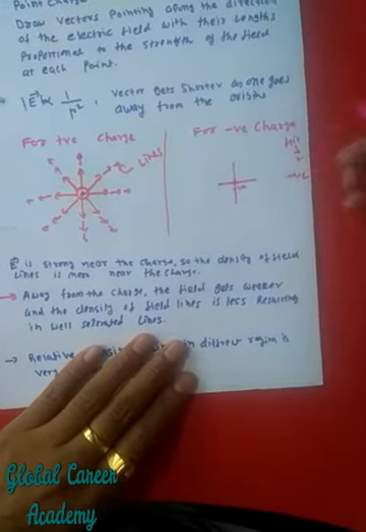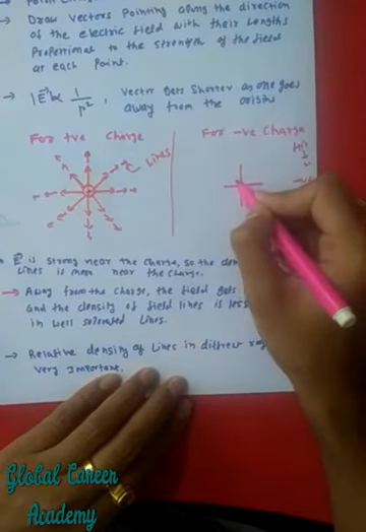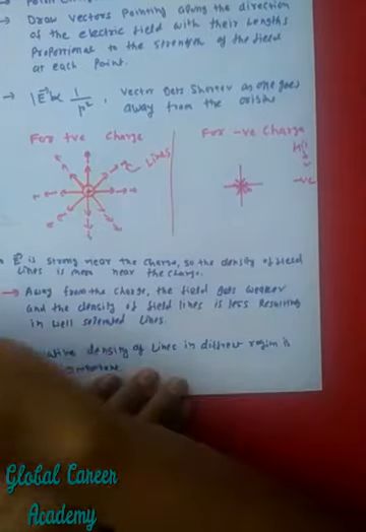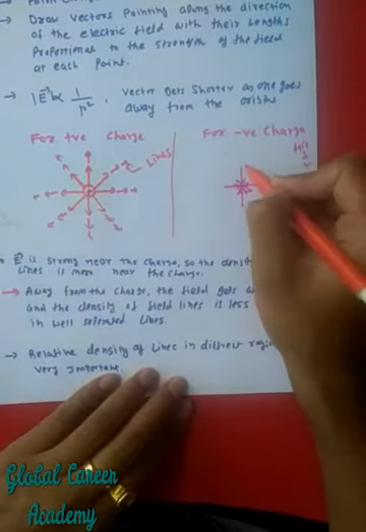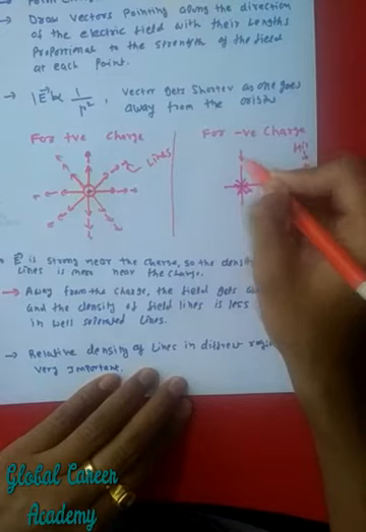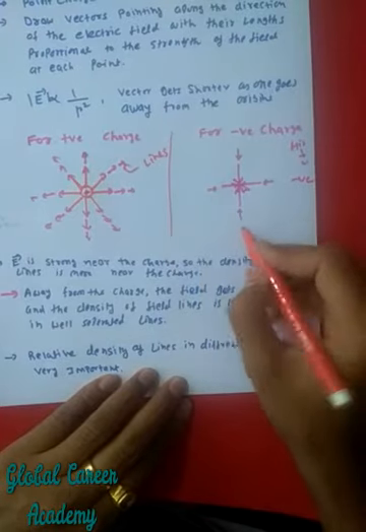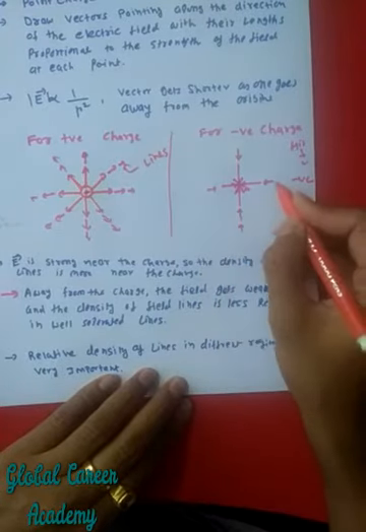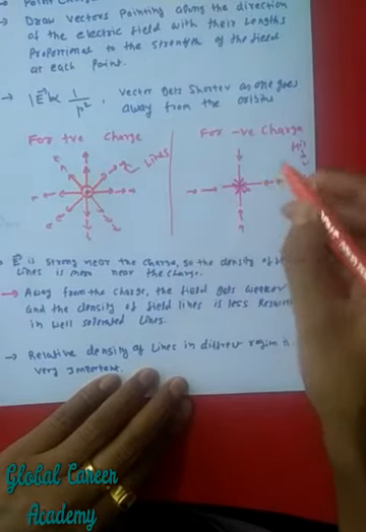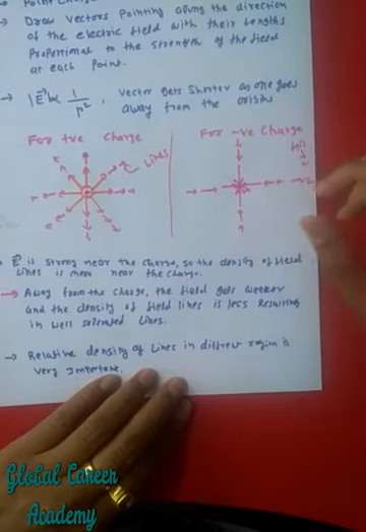The negative charge is lower compared to the neutral, and that is how its direction is towards the center, towards the origin. As you go away from the origin, its vector length should decrease. So this is a decreased line. Then if you draw the next vector, you have to draw its length lesser than the previous one. So this is how you can draw the field lines.